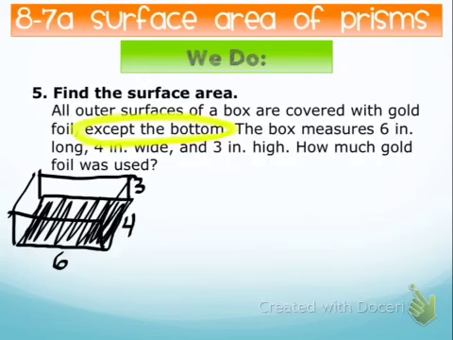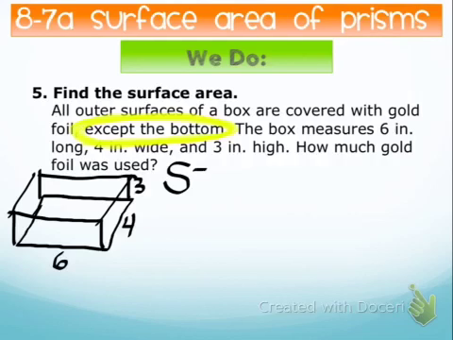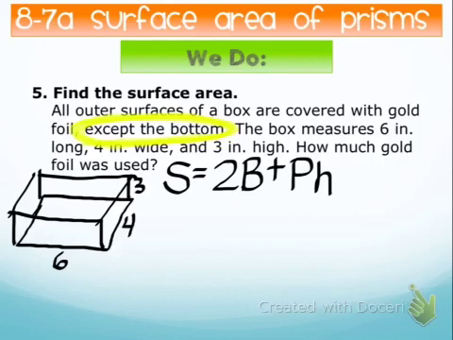Like, this is not going to be included. So when we do our surface area formula, 2 times base plus perimeter times your height, we really only want one base because we're not going to be painting, or I should say covering, that bottom one.